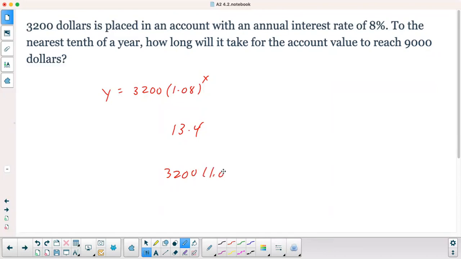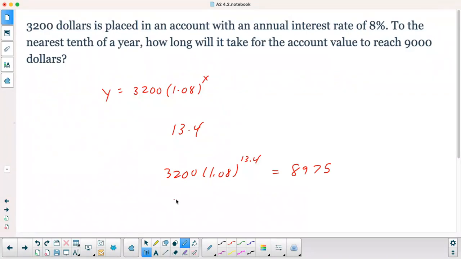3,200 times 1.08 to the 13.4. Let's see if it's a little bit over 9,000. Type it in and I get, oh wait, actually I didn't quite get 9,000 on that. So it might actually have to be 13.5, because 13.4 gave me 8,975.